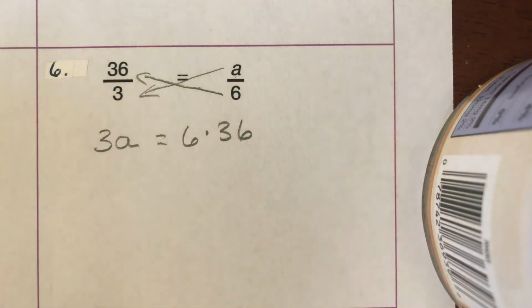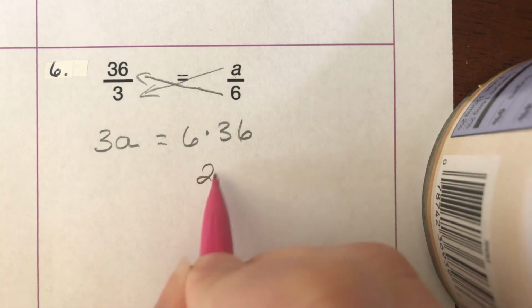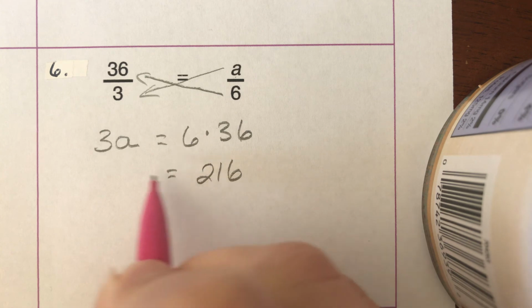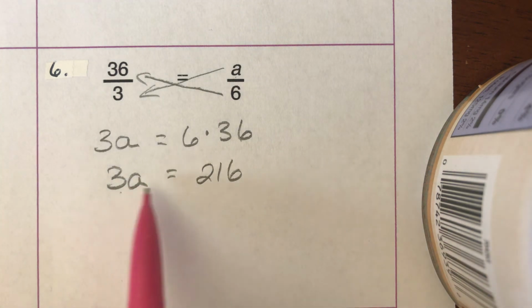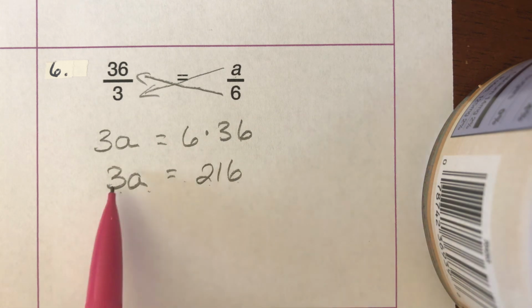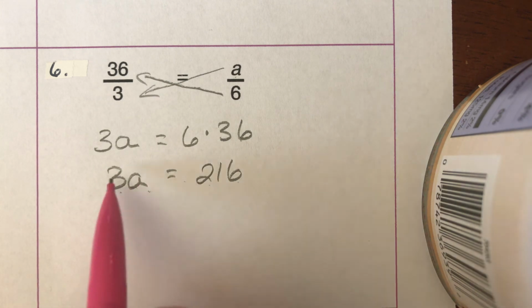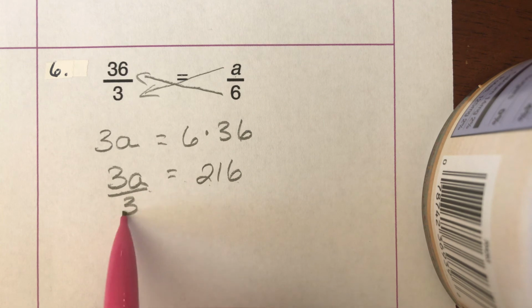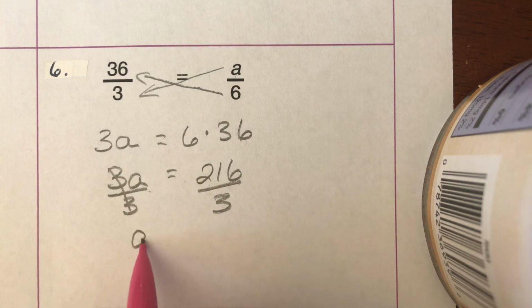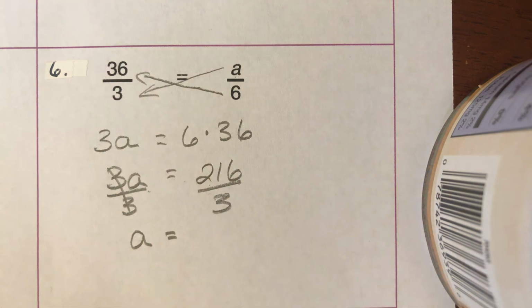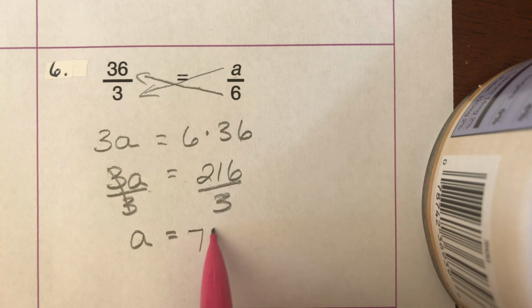I'm going to go to my calculator here and do 6 times 36. Get 216. Now I've got 3a equals 216, or 3 times what number is 216? My one step, I do the inverse. I divide by 3. In my calculator, 216 divided by 3 gives me 72.